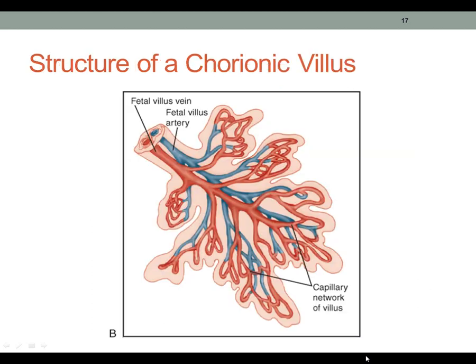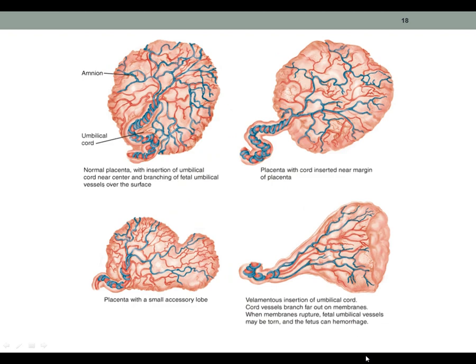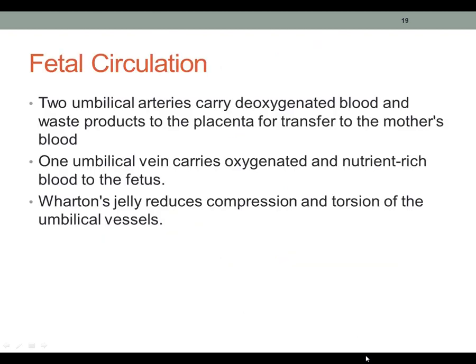So that's my suggestion for you, that you go through and you watch those videos, and it's going to talk about fetal circulation, because circulation changes once the baby's born. Then baby is not getting oxygen from mom anymore. Baby's getting oxygen by breathing.